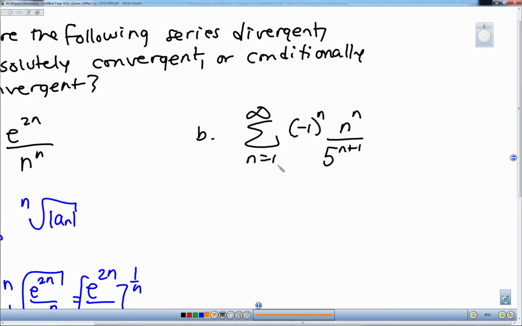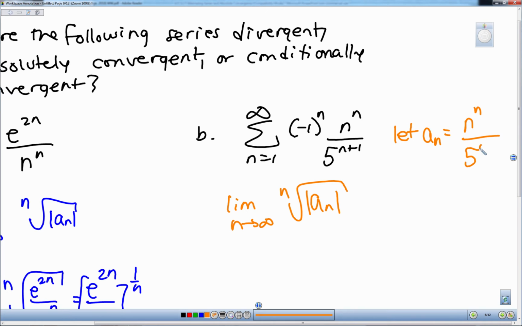Let's classify the convergence or divergence of this particular series. The series as n goes from 1 to infinity of this alternating series, negative 1 to the n times n to the n over 5 to the n plus 1. So let's take the limit as n approaches infinity of the nth root of a sub n. Well, what's our a sub n? All we care about is the value of this series here.